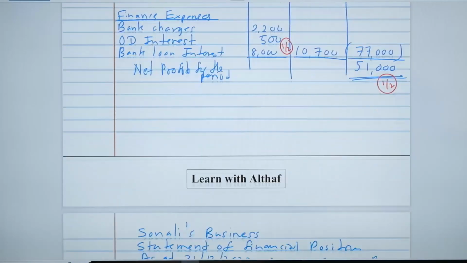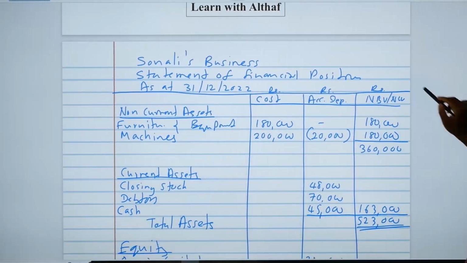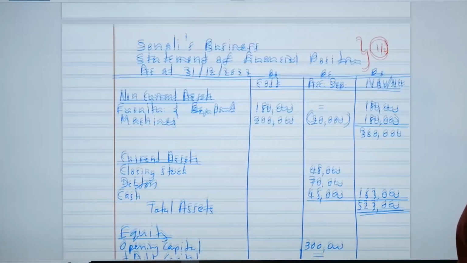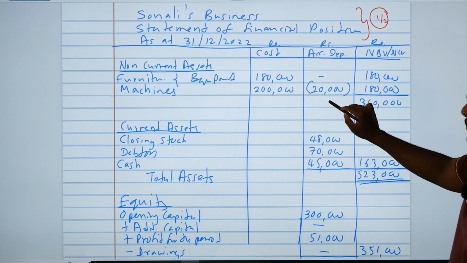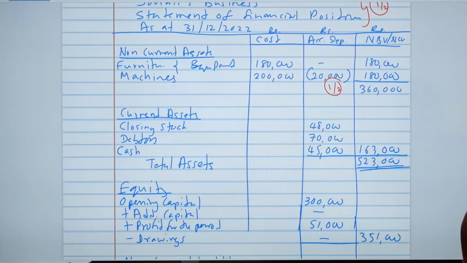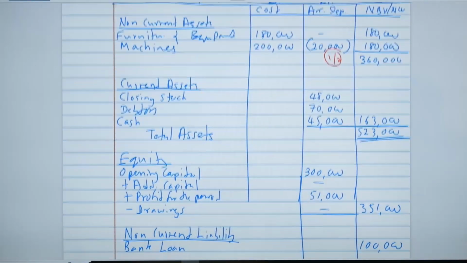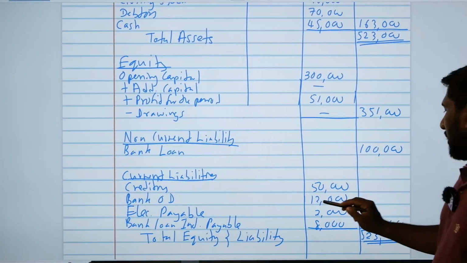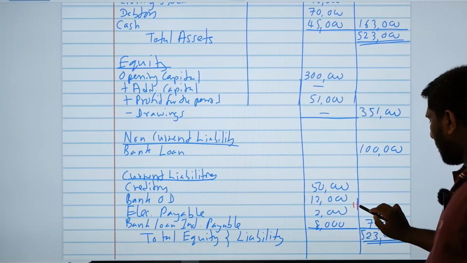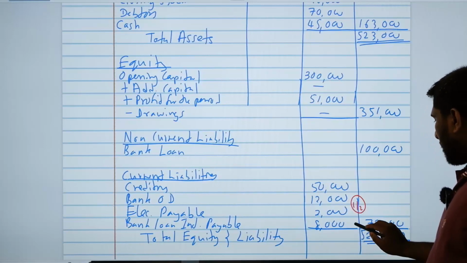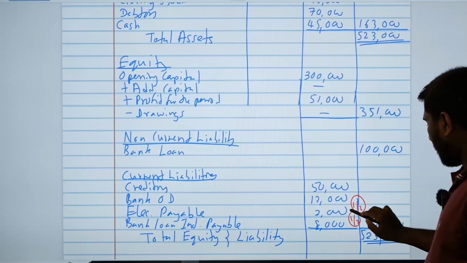Now let's move to the balance sheet. In balance sheet, here half a mark, and for this one half a mark for the accumulated depreciation, taking it as a reduction of the non-current assets. Then here electricity payable half a mark, bank loan interest payable half a mark.